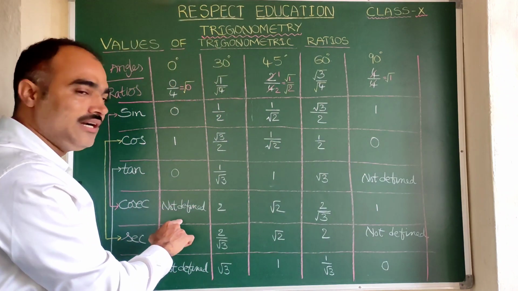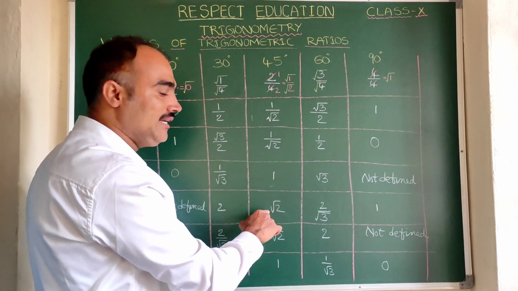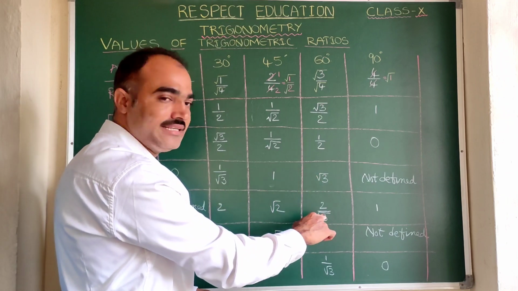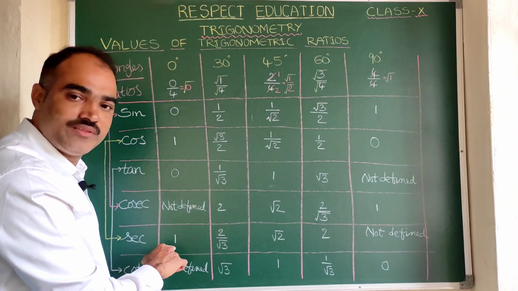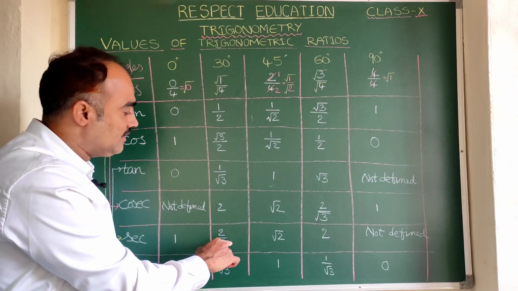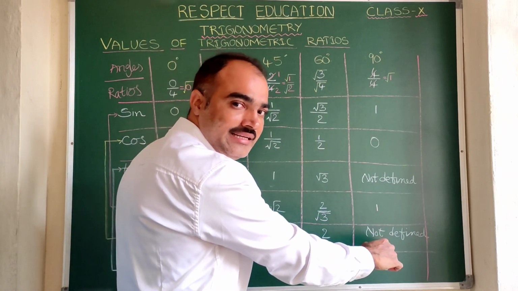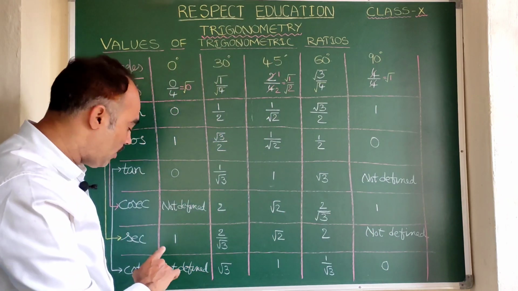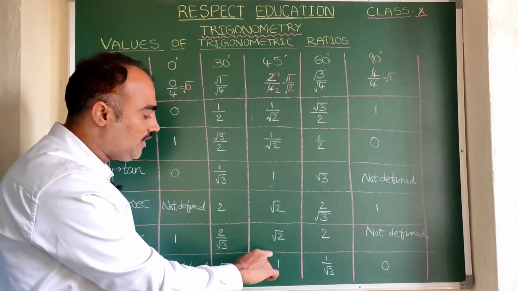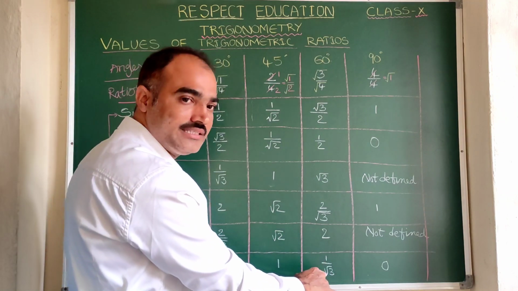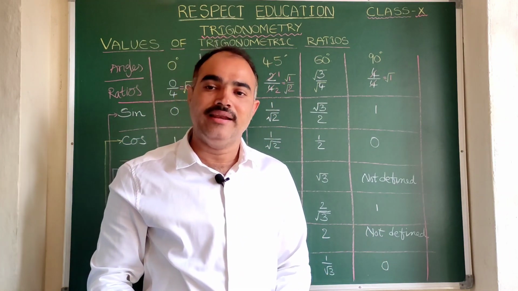Now cosecant 0 degrees through cosecant 90 degrees, secant 0 degrees through secant 90 degrees, and cot 0 degrees, cot 30, cot 45, cot 60 and cot 90 degrees. Is it clear to all? Any doubt?